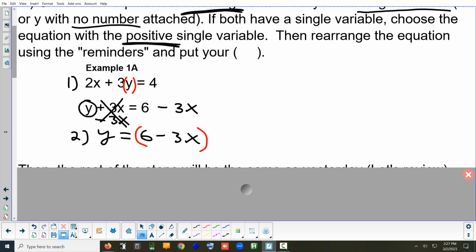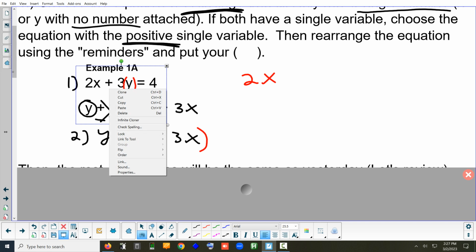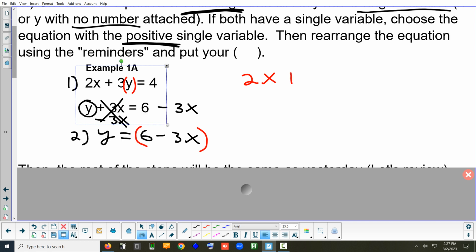Okay, but I've got more space, so I'm just going to go over here. We have a 2. We have the x plus, and then 3. But don't put the y. The y is going to change. And then we can put equals 4.